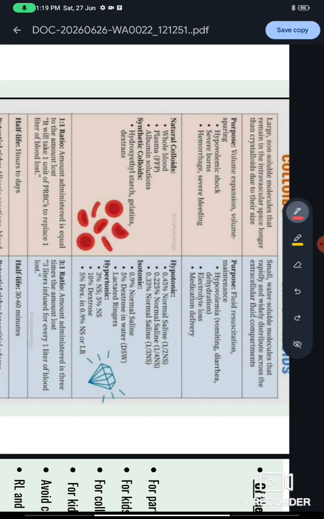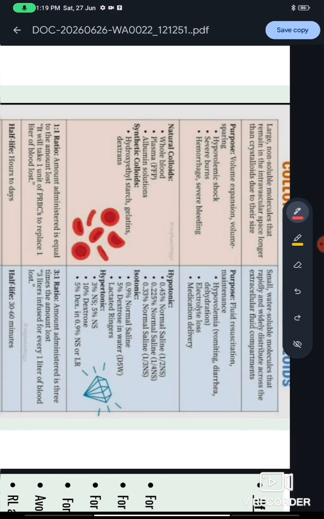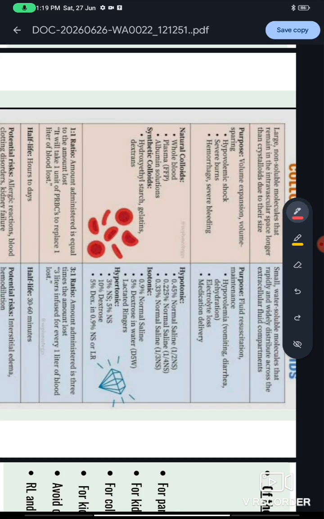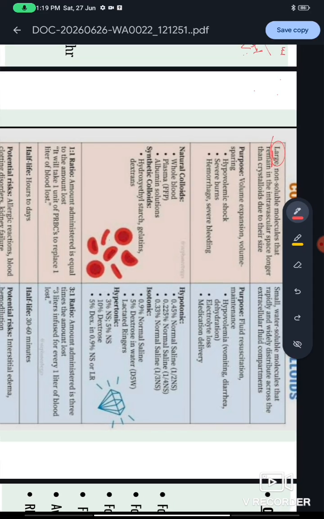Now, two types of fluids are available. One is known as colloids and other is crystalloids. So what are colloids? Colloids are larger sized molecules. We have studied three things: solution, suspension and colloids. So colloids are larger sized molecules that remain in the intravascular space because of their large size.